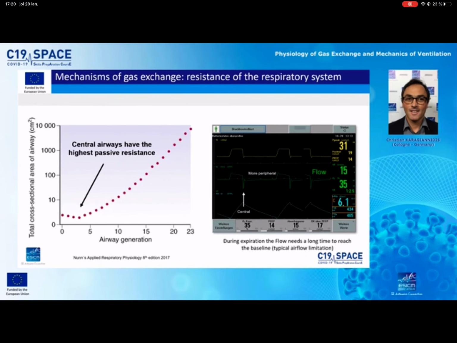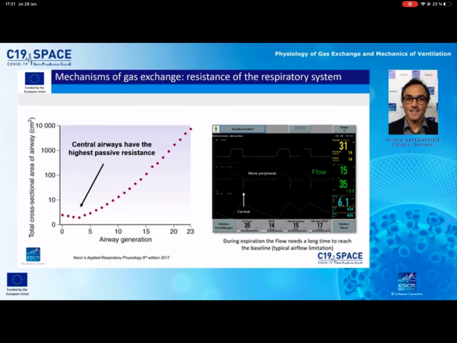In regard to the airways, you always have a certain passive resistance. This passive resistance is physically dependent on the cross-sectional area. So this is something you usually cannot influence in patients, except if you have some mucus plugging in the central airway.